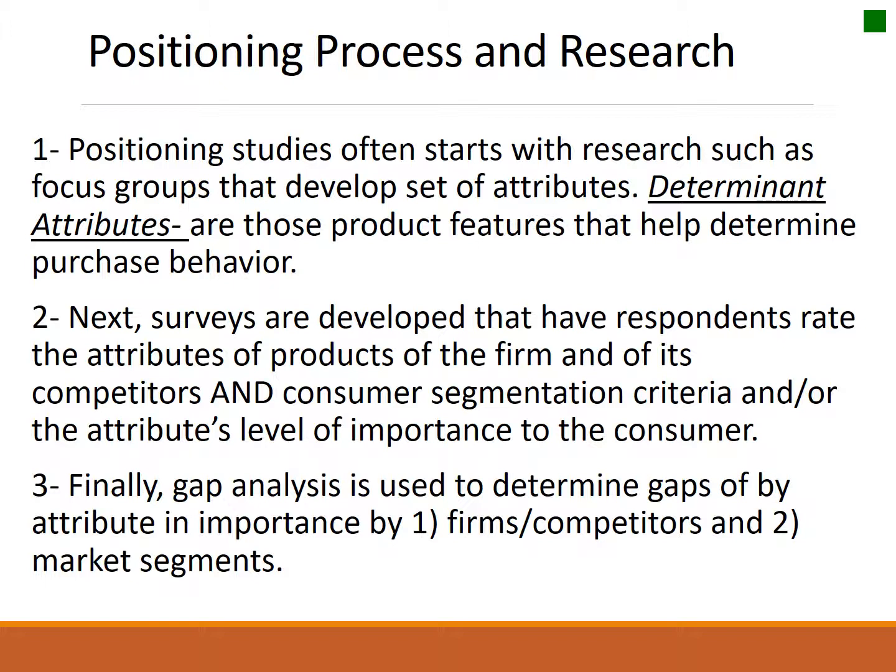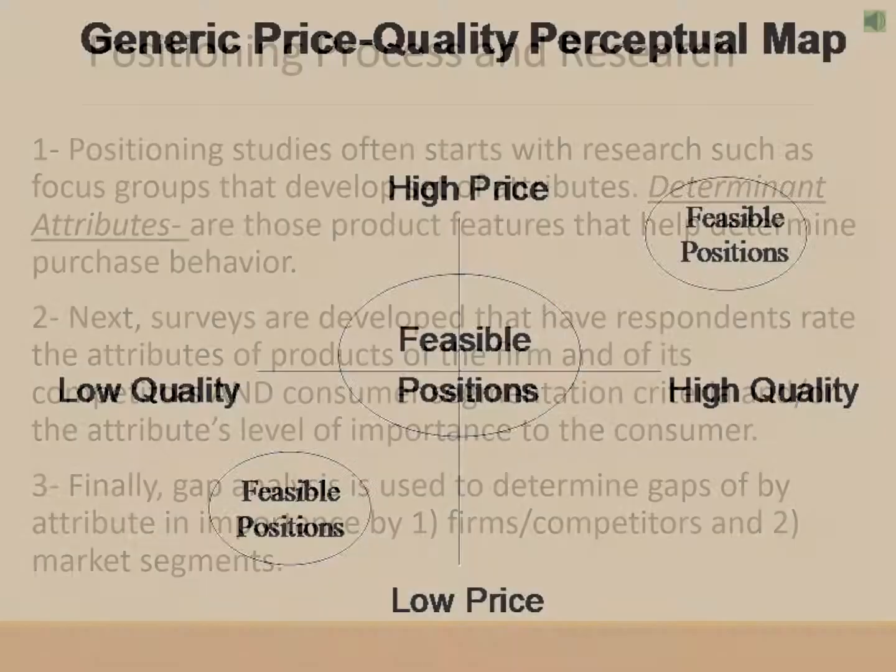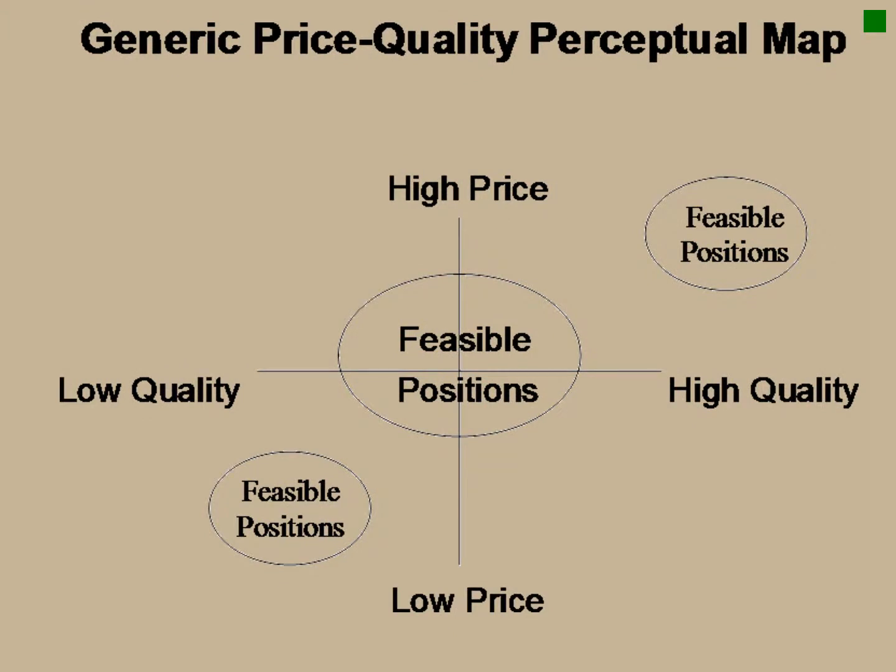The other thing that we often do, in conjunction with those statistical techniques, is plot or graph somehow the relationships that these have. So here's an example of some plots or graphs that we can look at. We have here a generic price quality perceptual map.